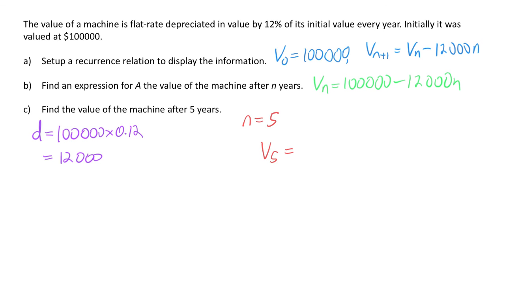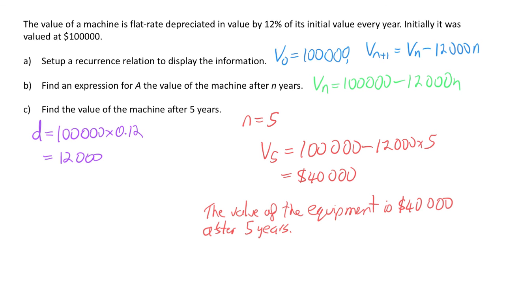So V5 is going to equal 100,000 minus 12,000 times 5, which equals $40,000. So finishing off by answering the question, the value of the equipment is $40,000 after 5 years. So that's an example of how we can apply straight line depreciation or flat rate depreciation to an arithmetic sequence.